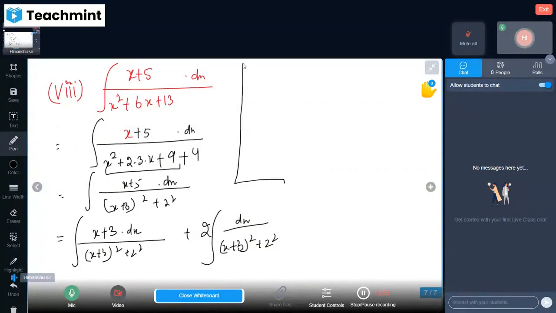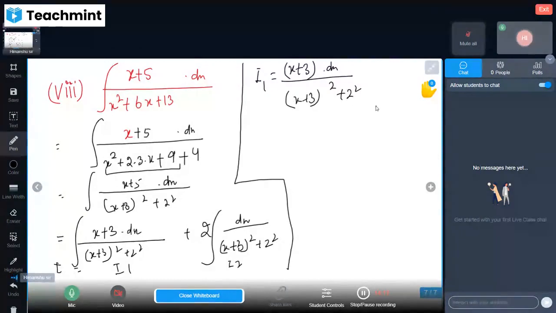So let's call this I1 and this I2, so the total is I. I1 is (x plus 3) dx upon (x plus 3) square plus 2 square. So put x plus 3 equal to t.